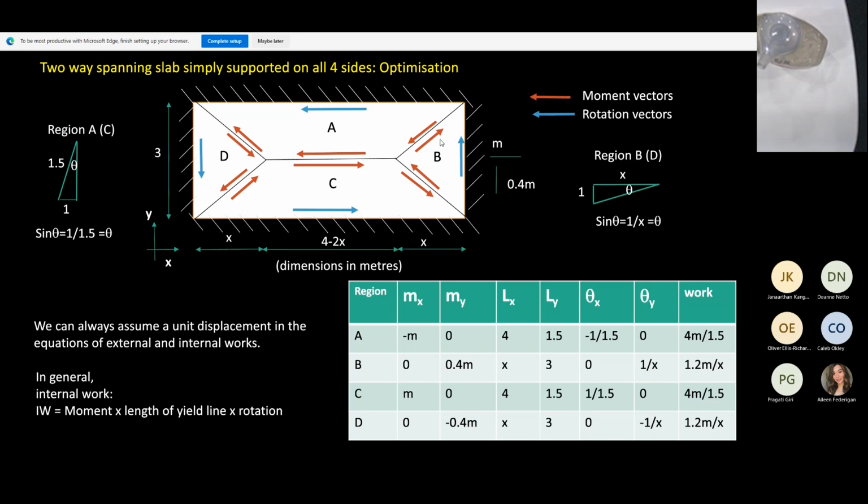Let me explain it now for region B, okay, which is identical to region D. So follow this. Let's look at B. Now B, we have a triangular shape, and these are the vectors for the moments, and this is the rotation vector. So for B, starting with mx. So these are the two vectors for the moments.